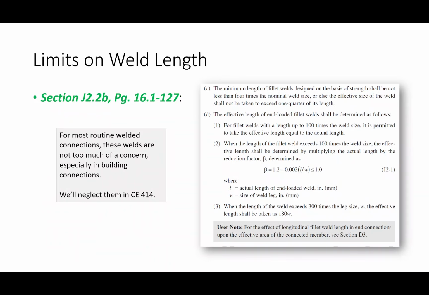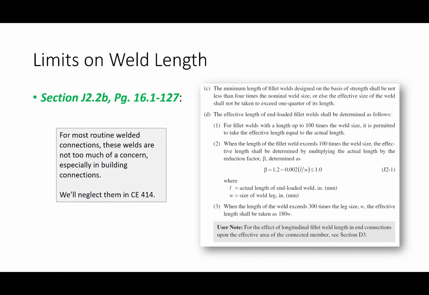All right. Now, I'll say this just to throw it out there. We're not going to employ it because most of the routine weld connections that we would detail would fall well between these limits. But there are limits on both how small a weld can be and how big a weld can be in terms of how long it is, okay?